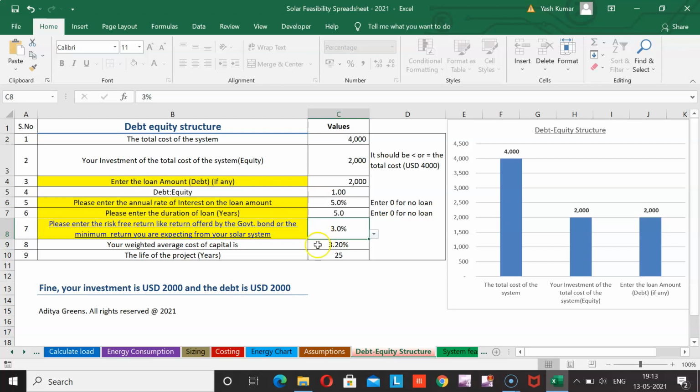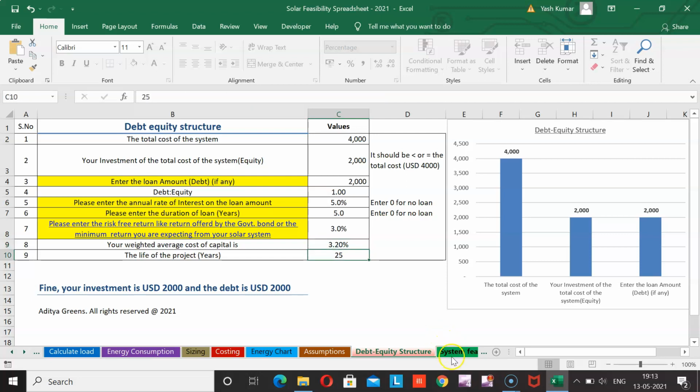Now you can check my weighted average cost of capital now becomes 3.2%, and earlier it was 3%. So my weighted average cost of capital has increased because I have borrowed a certain amount at a higher rate of interest. So now my solar power system needs to produce at least 3.2% to make it a profitable project.